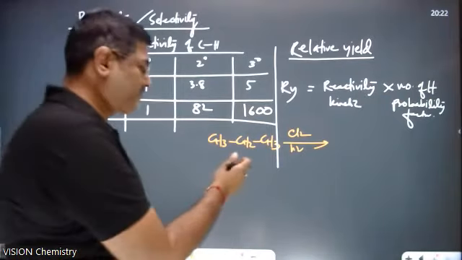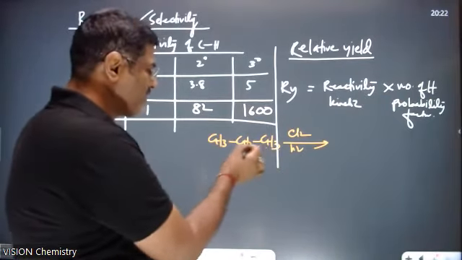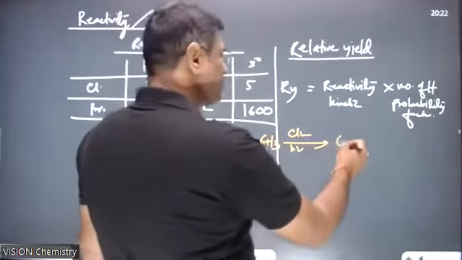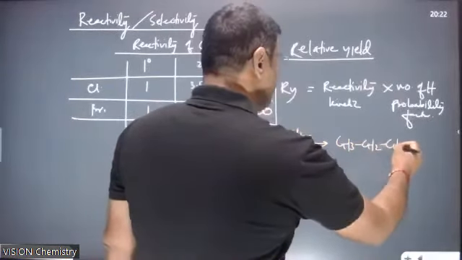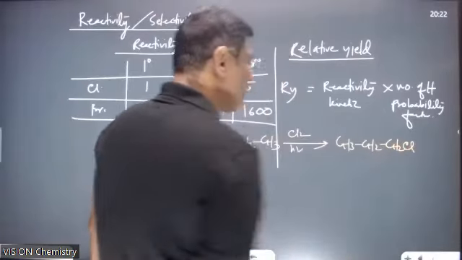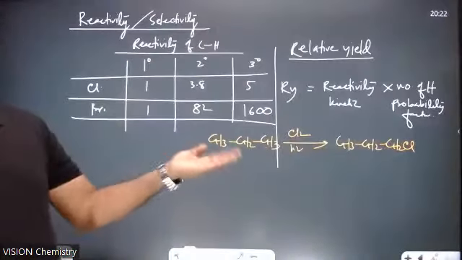Because there are two products: CH3CH2CH2Cl and CH3CHClCH3. How many products will form? Two products will form.